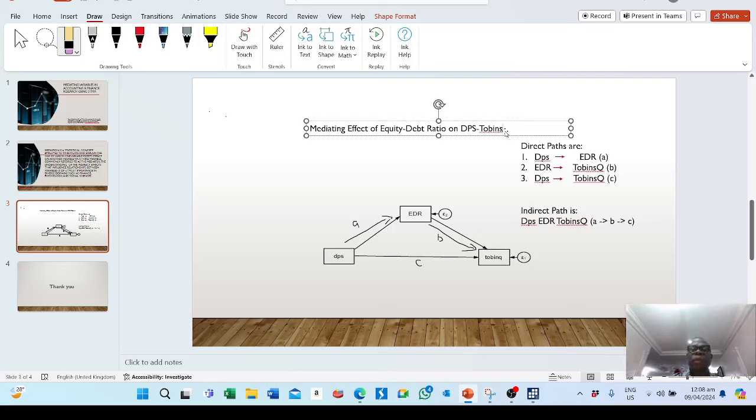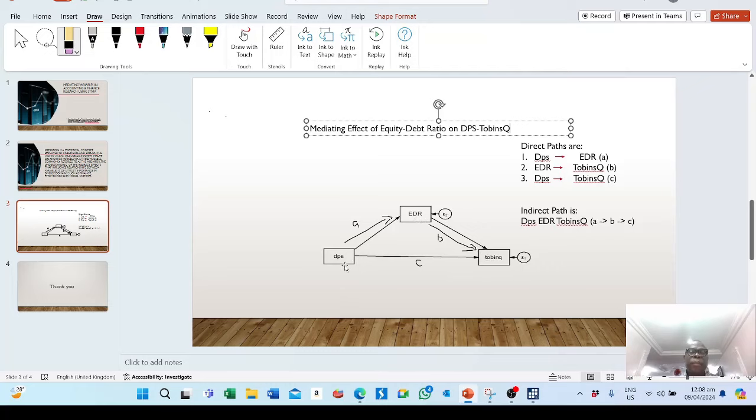So that is what we're going to use to demonstrate the mediating effect concepts. When we talk about mediation, as you can see in the diagram below, you have the dividend per share, you have the equity debt ratio, and you have the Tobin's Q.